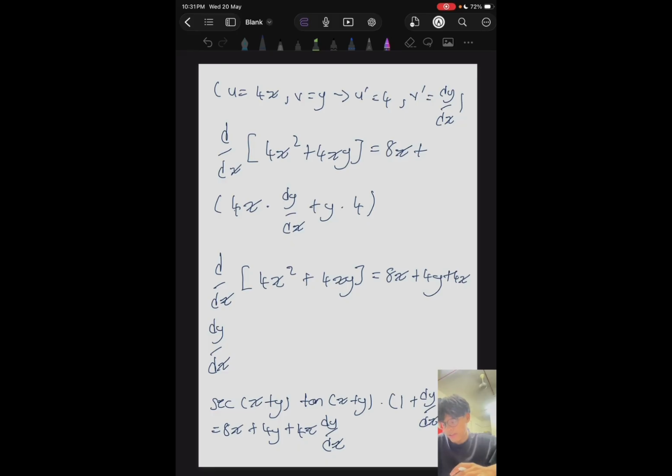This is for the left hand side and right hand side for these two. Now let's move for the next step.